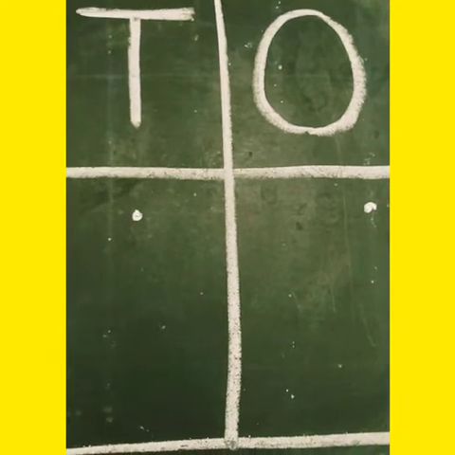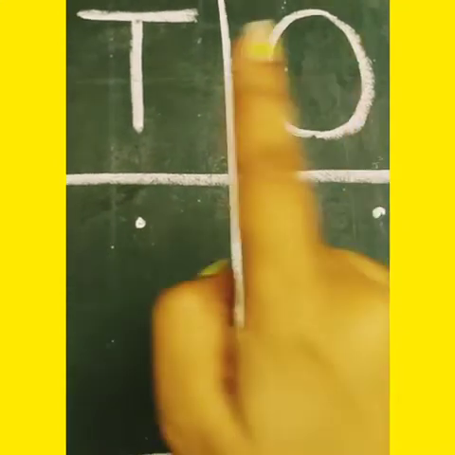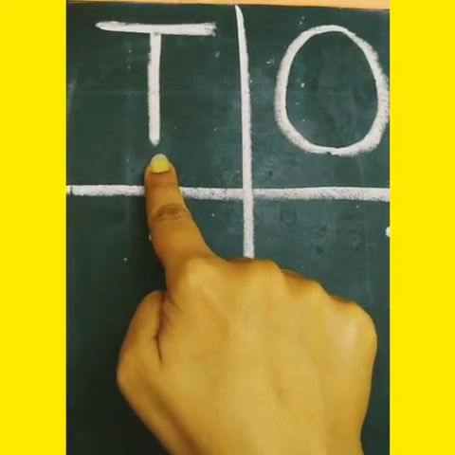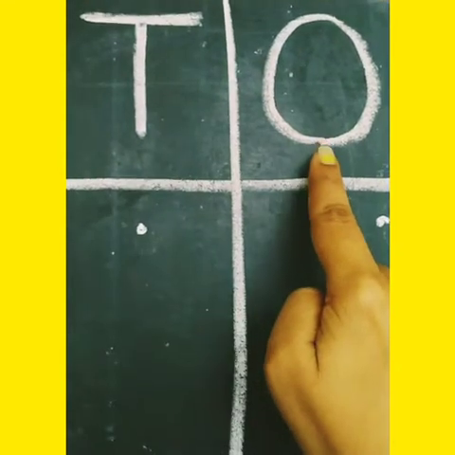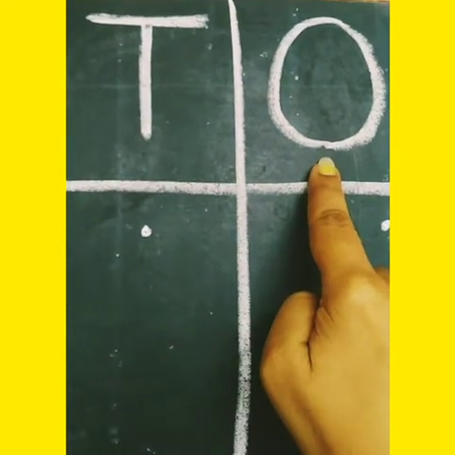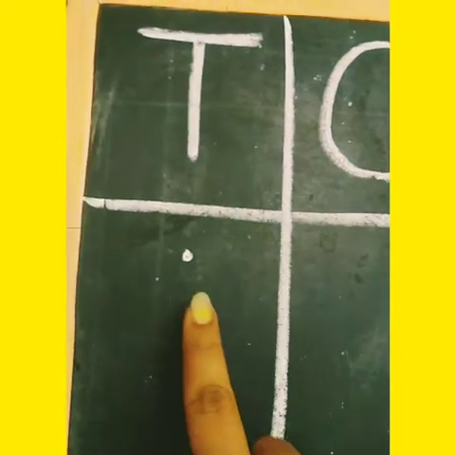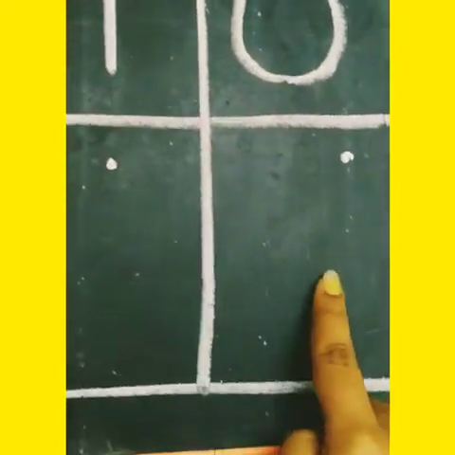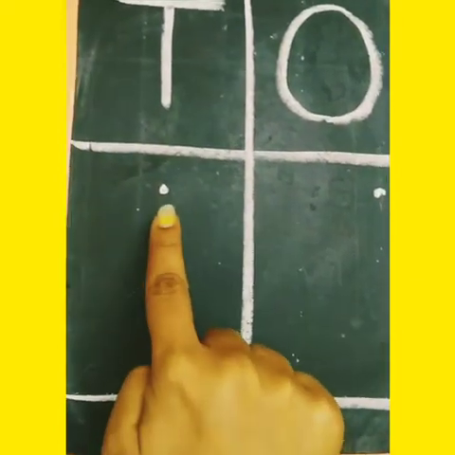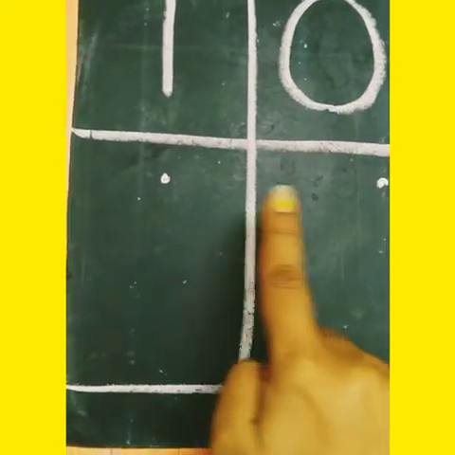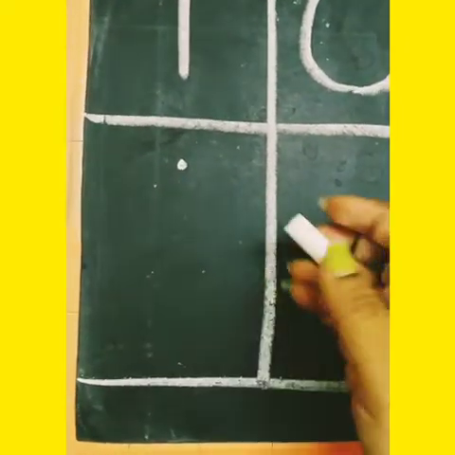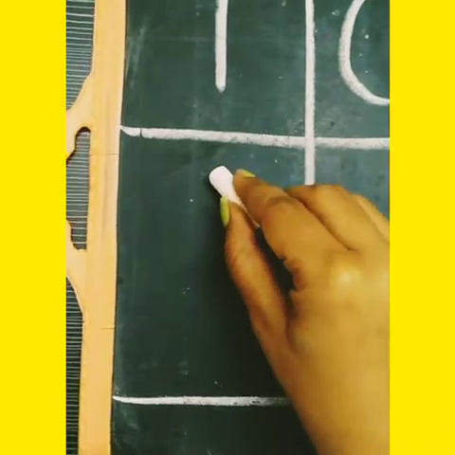So let's start. Kids, counting. Look how to write number 16. This is T. T is for tens and this is O. O is for ones. Very first we have two boxes, so we have two dots here. Let's start from here.